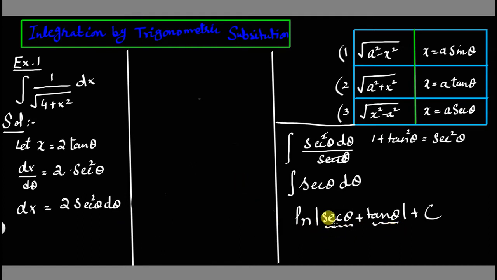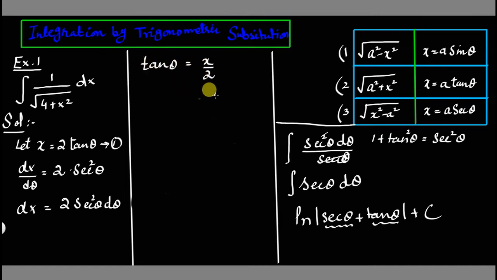Now to find the value of secant theta and tangent theta, we make a triangle by taking tangent theta equal to x over 2. By equation number 1 we can write x over 2 is equal to tangent theta.